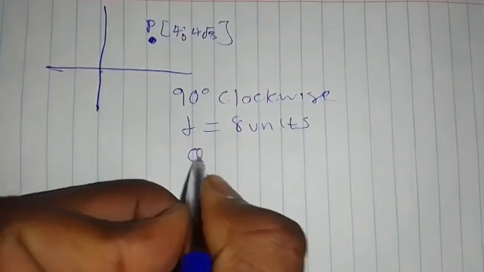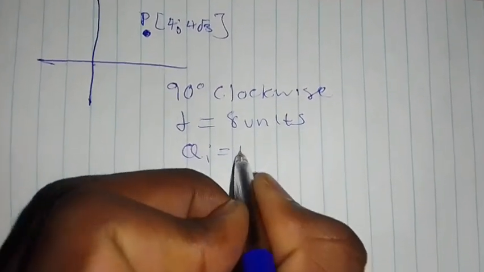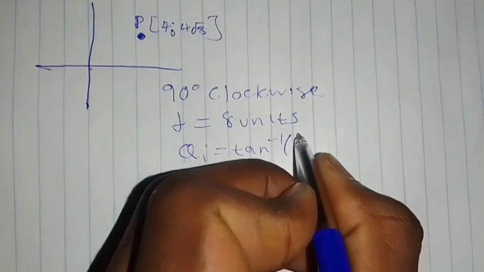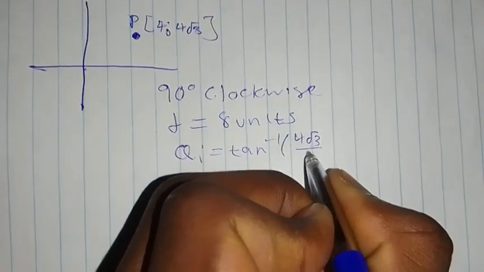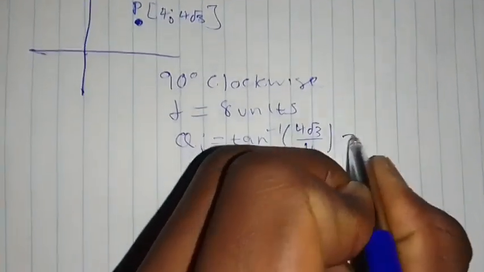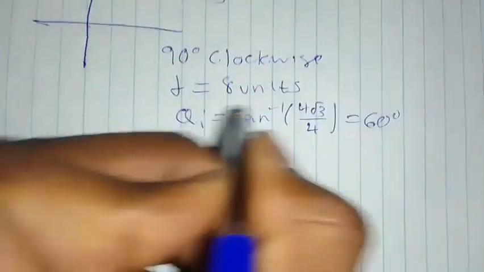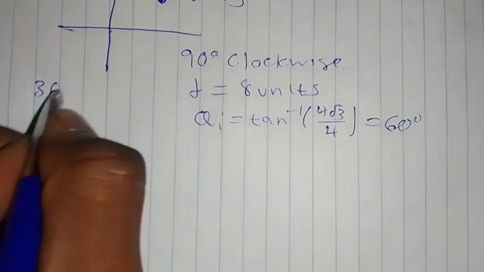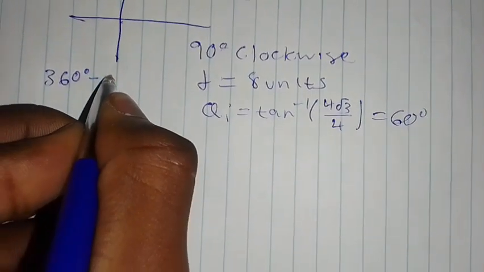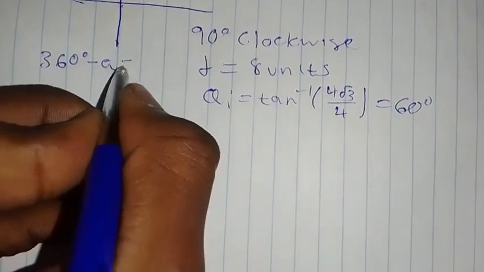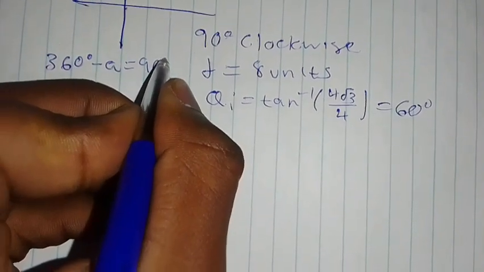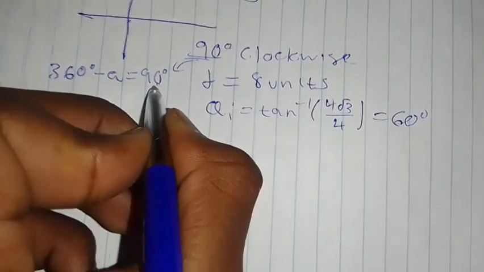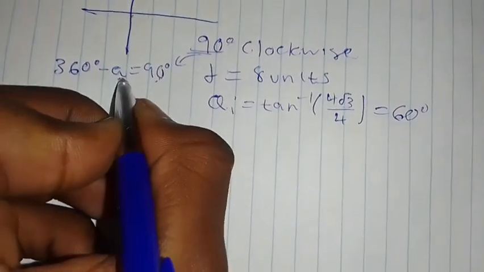Now I'm going to find the initial angle, given by arctangent of y over x, which gives 60 degrees. Now 90 degrees clockwise, you're going to use that formula I showed you. So it's 90 degrees minus a is going to be 90, because this is the angle measured clockwise, and we want an angle measured anti-clockwise.